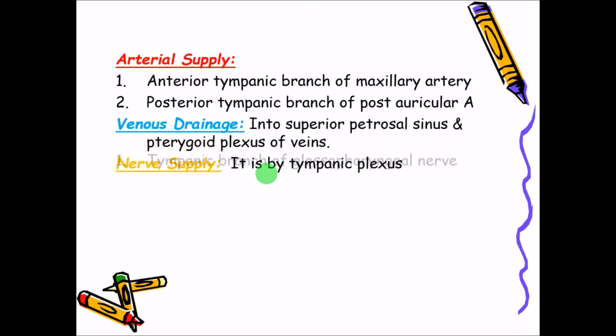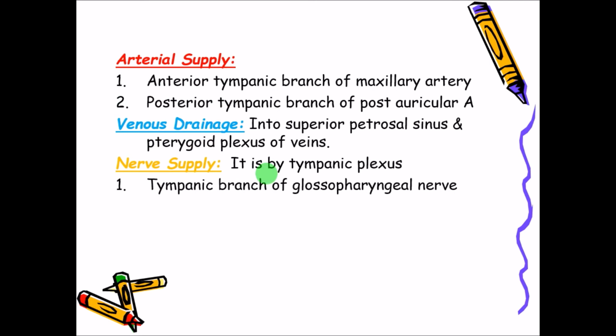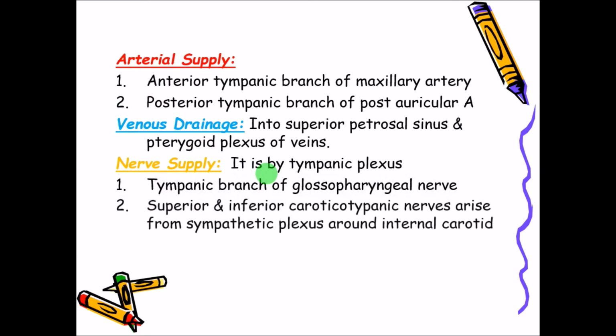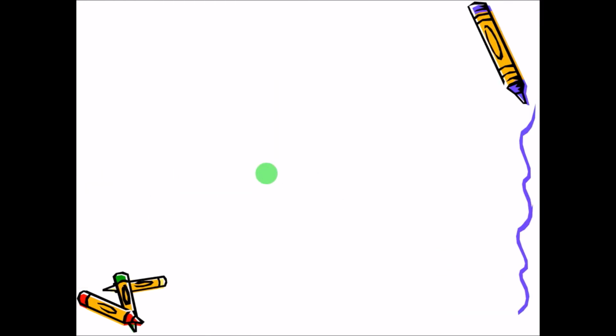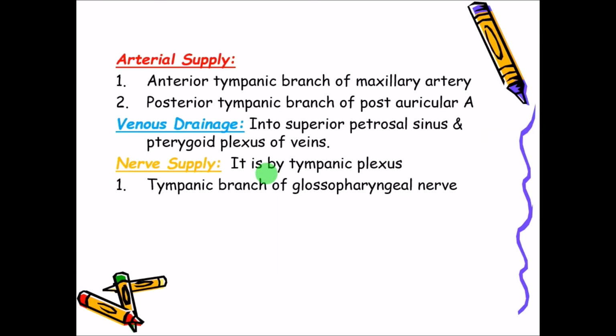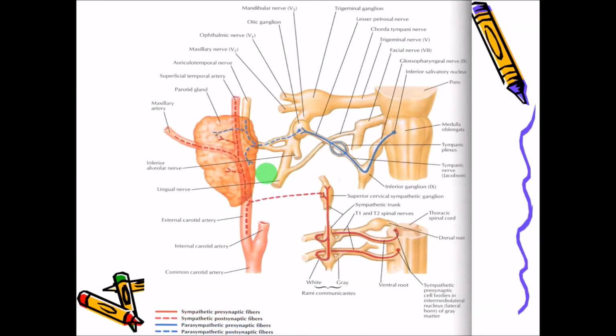Coming to the nerve supply, it is supplied by the tympanic plexus, formed by the tympanic branch of the glossopharyngeal nerve, as well as the superior and inferior caroticotympanic nerves arising from the sympathetic plexus around the internal carotid artery. In this picture, you can see the external carotid artery here.